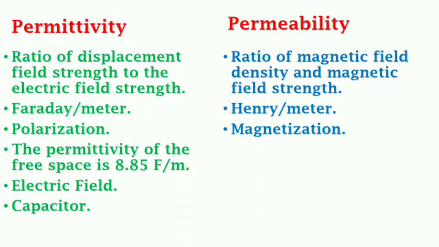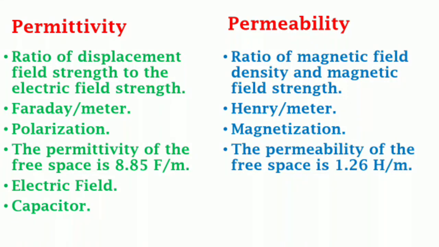Now what is the constant value of permeability in free space? The permeability of free space is 1.26 times ten to the power minus six Henry per meter. It is used in the magnetic field, as permeability is in the magnetic field and the permittivity term is used in the electric field.